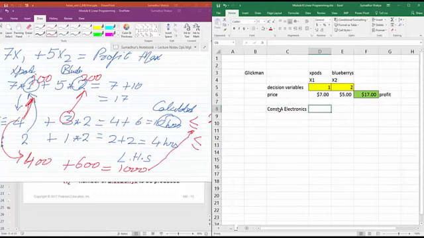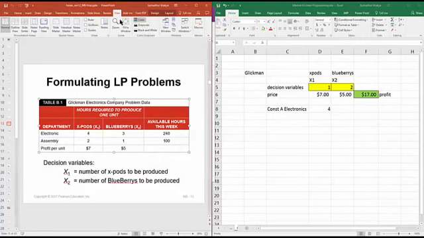If we make 1 xpod, then by that time we have already spent 4 hours on this, and this information is given to us. Yeah, so 4 hours, and 3 hours for the blueberry.